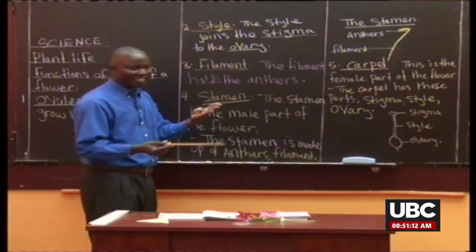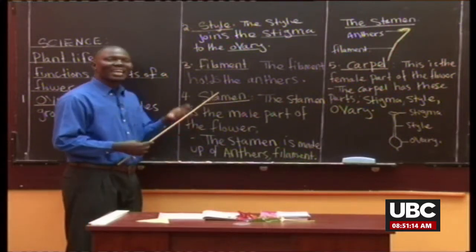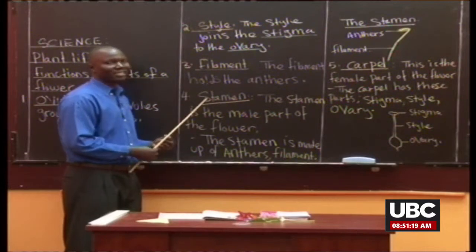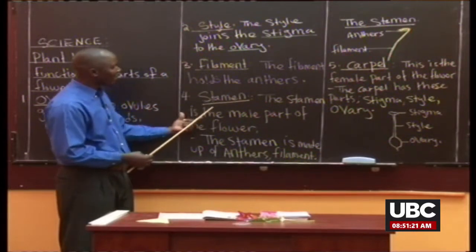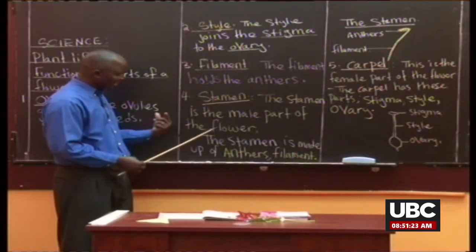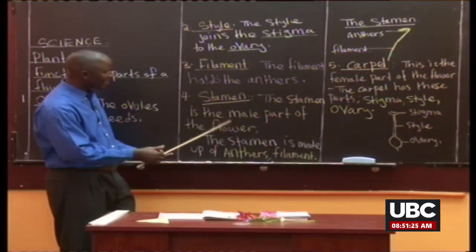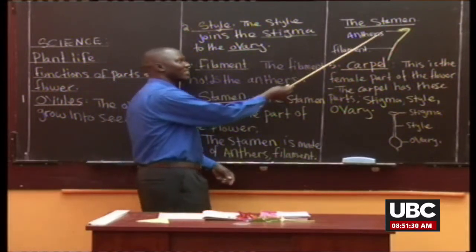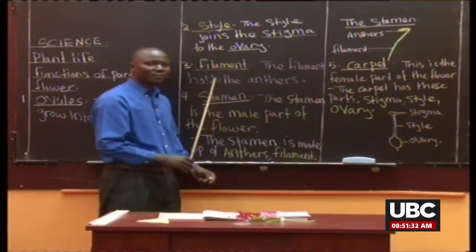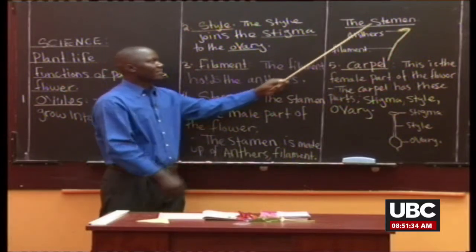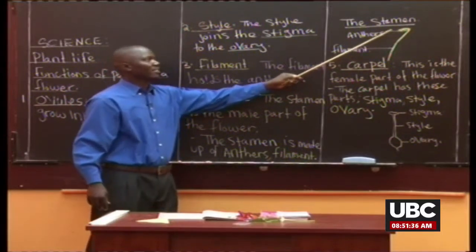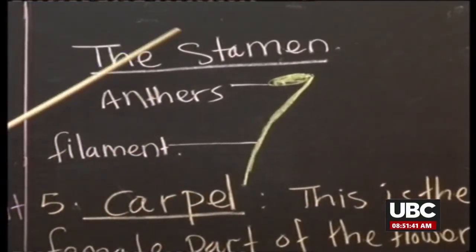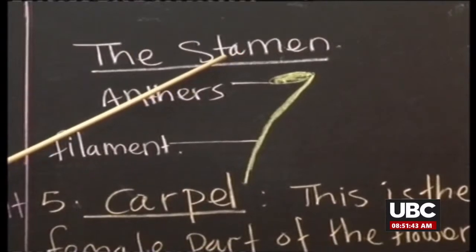For the plants, the male part, we call it a stamen. The stamen is the male part of the flower. It's made up of the anthers. You can look at your anthers. Here they are. The anthers and the filament all together form the stamen.